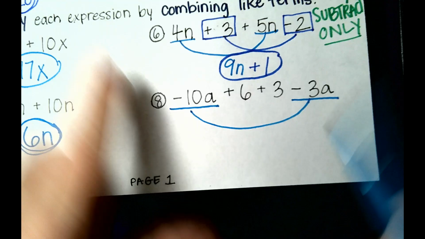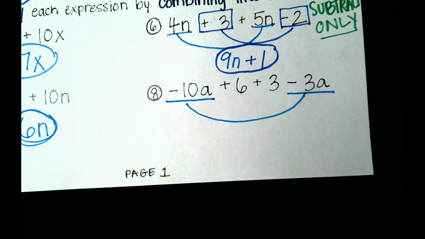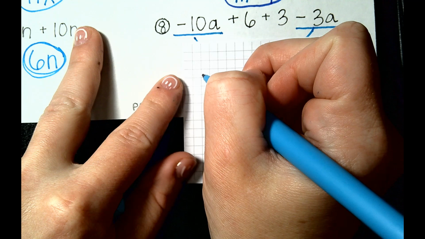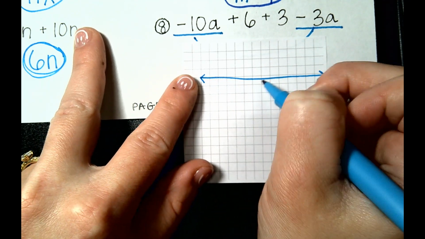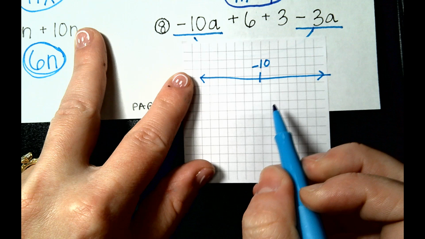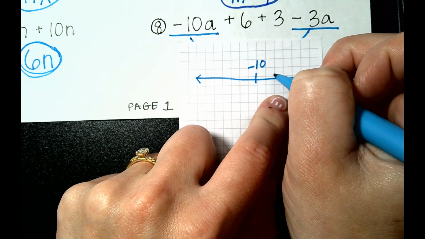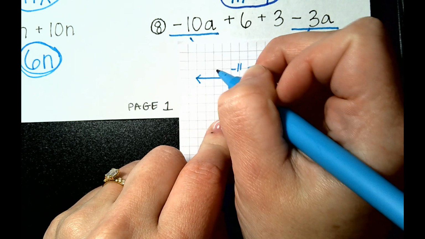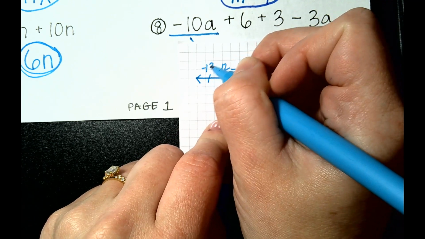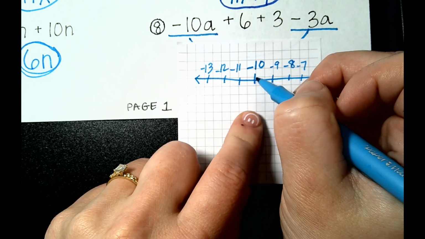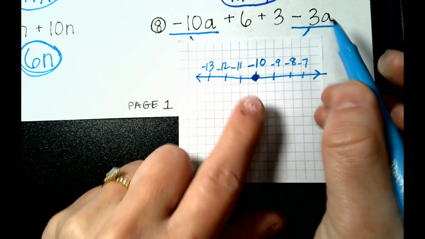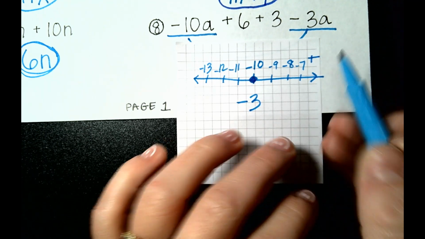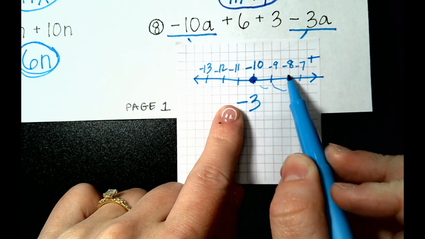And here's why. If I start with negative 10, I'm going to draw a little number line. Here's how the number line works: negative 9, negative 8, negative 11. If I start here and I want to subtract 3, remember that if I add, I move to the right 3.